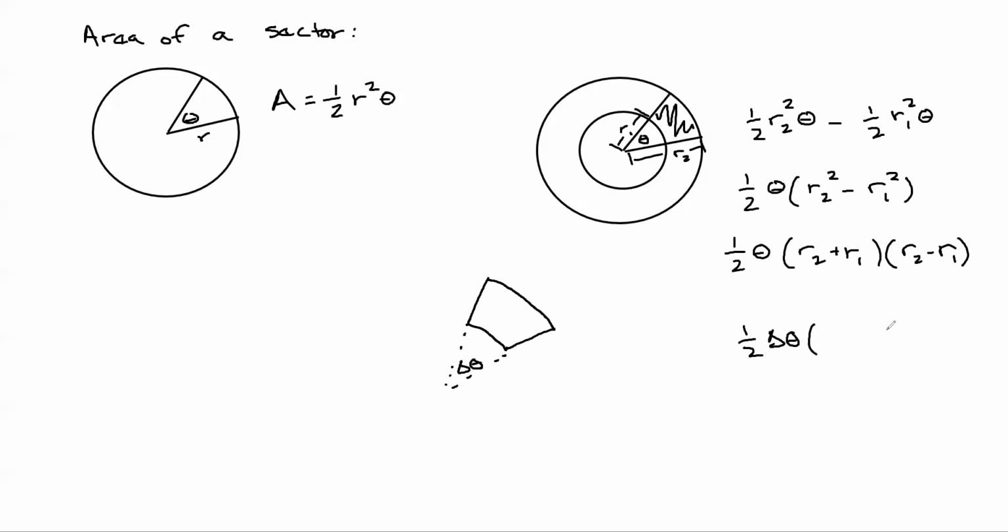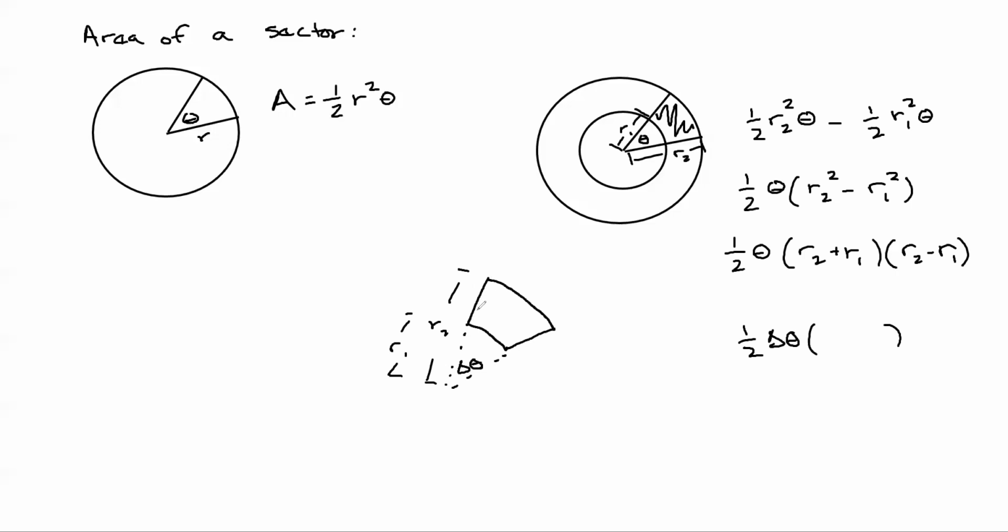All right, let's come back to R2 plus R1 and R2 minus R1, because that one's a little confusing. If this distance here is R2, and this distance here is R1, then what happens if you subtract the two? You take the big minus the small, you get what's between the two, which is this distance here.